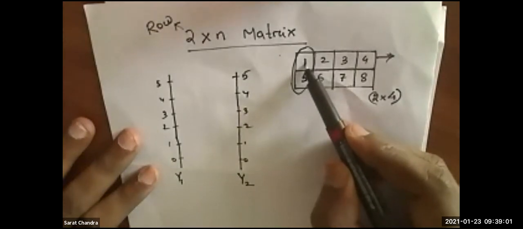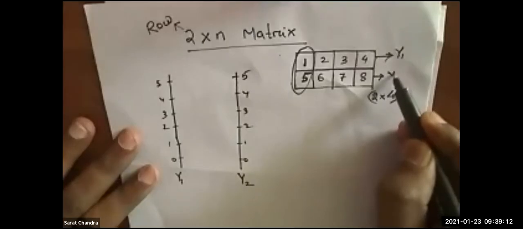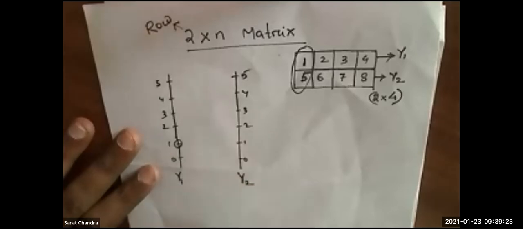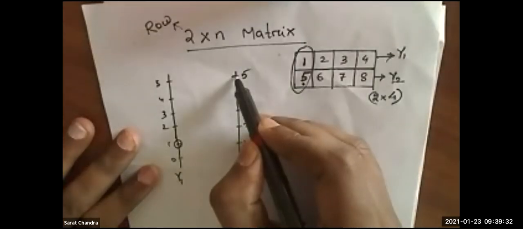Point 1 we have to locate on y1, and point 5 we have to locate on y2. So on the y1 axis we locate 1, and on the y2 axis we locate 5.